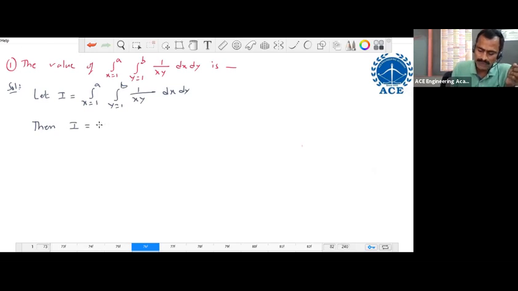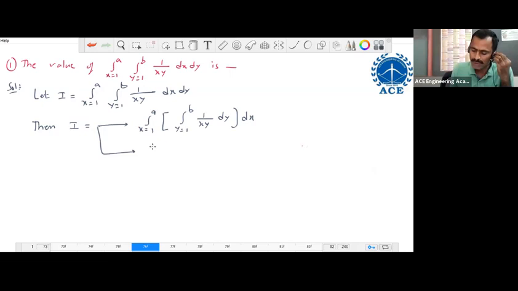The first possibility, integral x equal to 1 to a, inside this integral y equal to 1 to b, 1 by xy dy dx. Next, second possibility, integral y equal to 1 to b, integral x equal to 1 to a, 1 by xy dx and then dy.